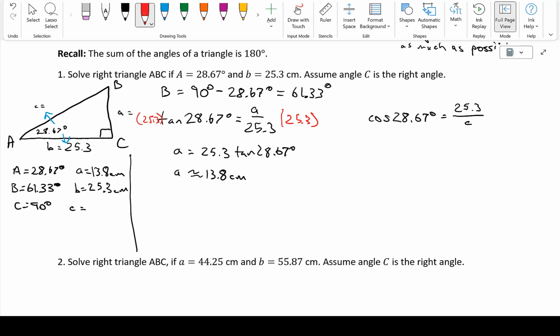So we can multiply by c, which would give us c times cosine of 28.67 degrees equals 25.3. And then divide by that cosine of 28.67 degrees to solve for c.